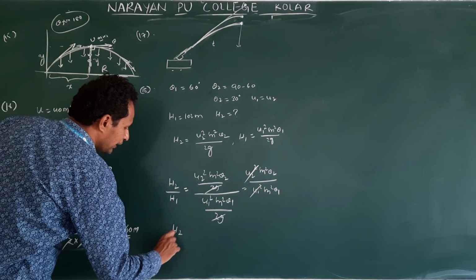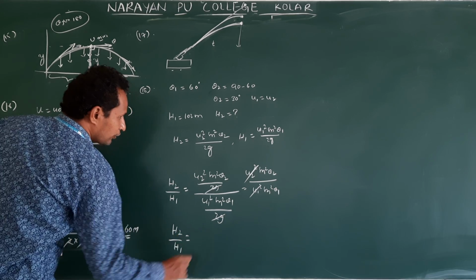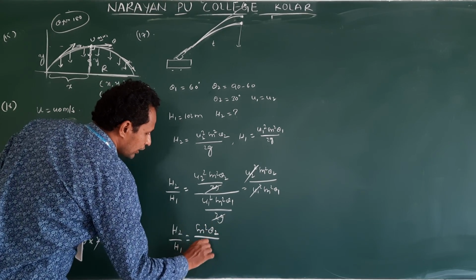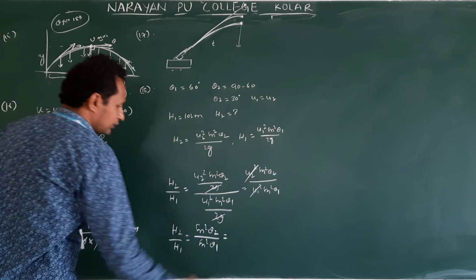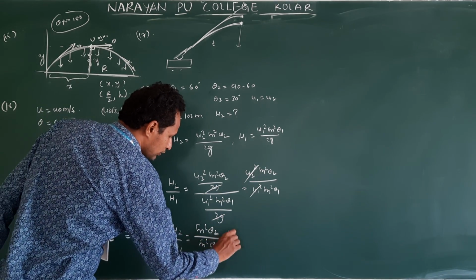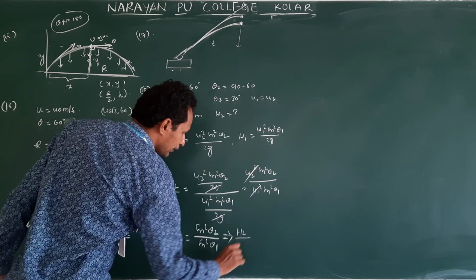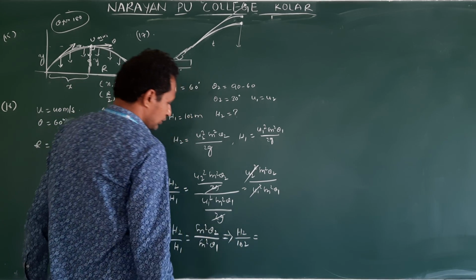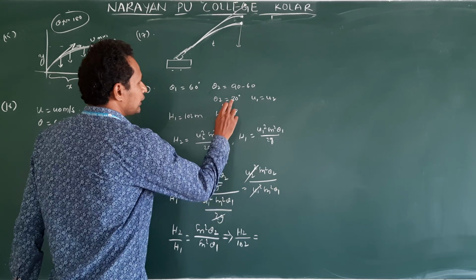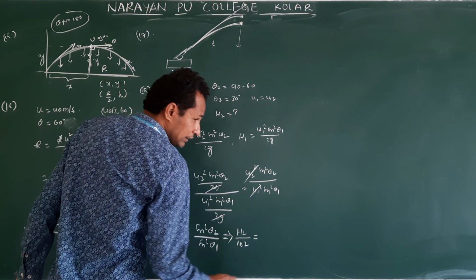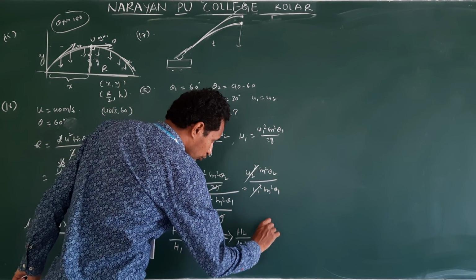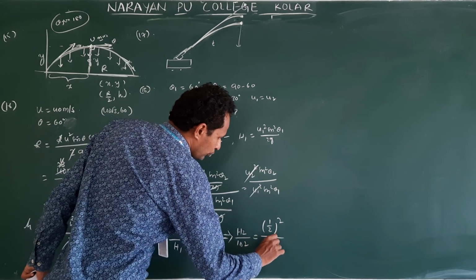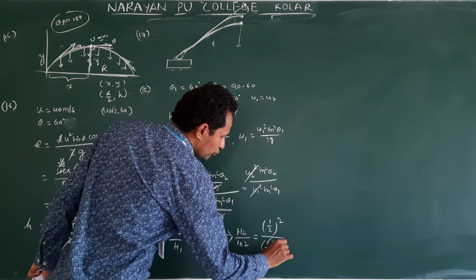So h2 by h1, what do you get finally? Sin square theta 2 by sin square theta 1. Then this implies h2 by h1, where h1 is 1 or 2, is equal to sin square theta 2 by sin square theta 1. Theta 2 is 30 degrees. Sin 30 is 1 by 2. So (1 by 2) square by (sin 60 is root 3 by 2) square.